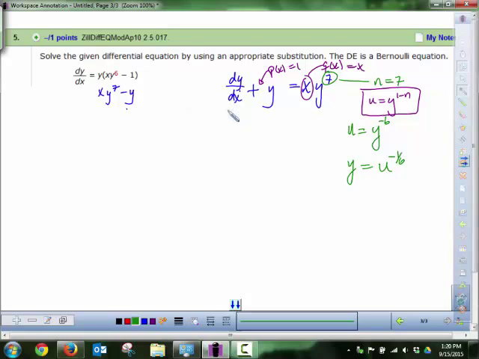All right, you also need to replace the dy dx, and so y is a function of x, and u is a function of x. And so the power goes down, you subtract 1, so it's negative 1/6 minus 1, negative 7/6.